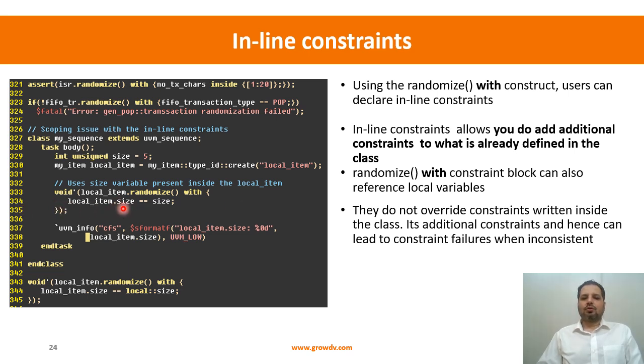To resolve the scope, you need to use the local keyword. When you say local and the scope resolution operator size, it allows the inline constraints to access the variables defined within the task or function where it's getting called. This is one additional point you want to take note of.